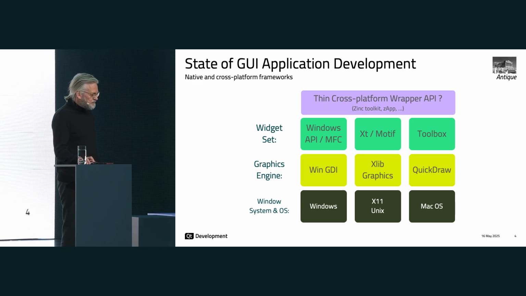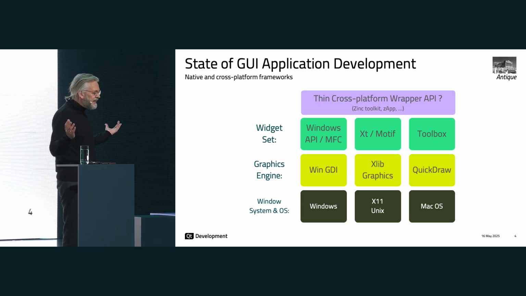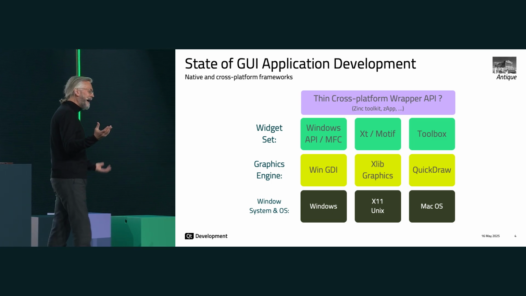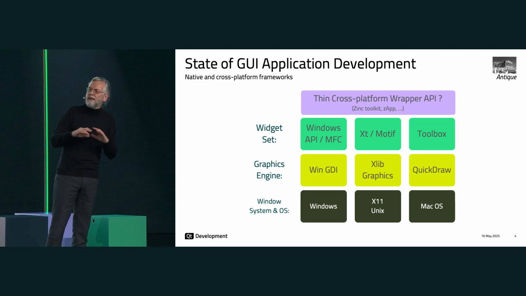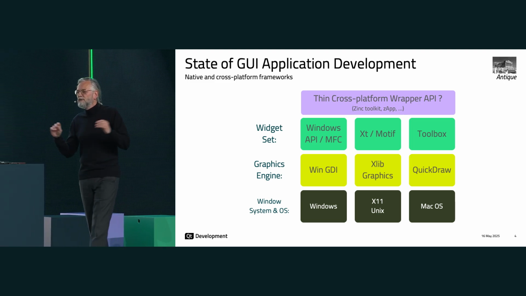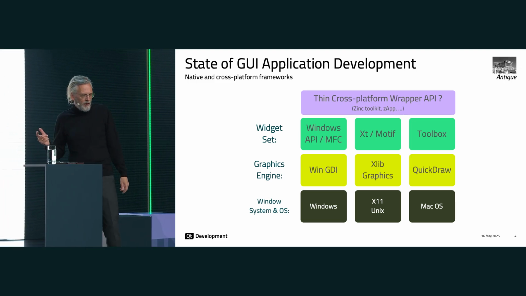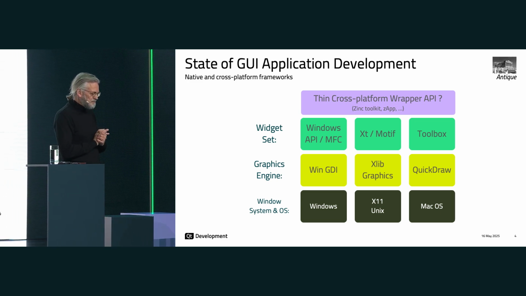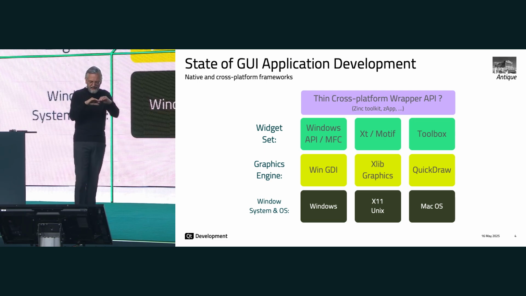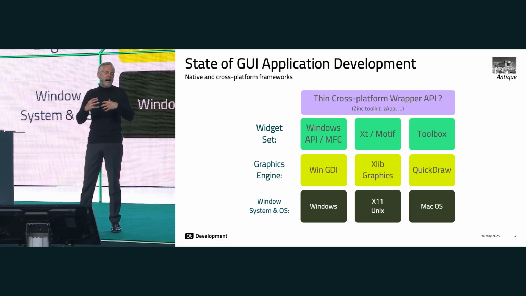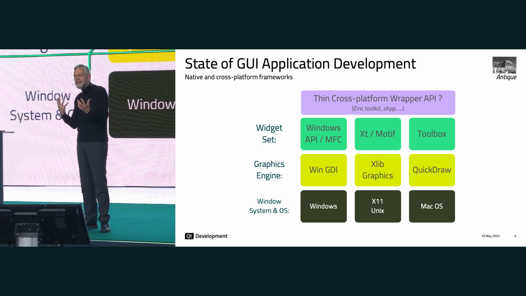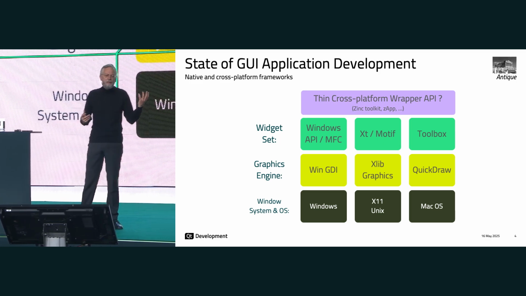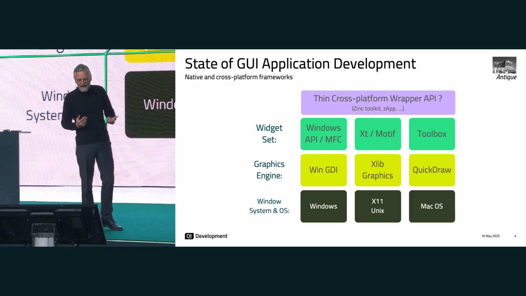And the quick and dirty, so to speak, solution to that challenge would be to put a thin cross-platform wrapper API on top of the native widget sets. So like a thin wrapper providing, say, a common button that is backed by an MFC button on Windows and a Motif button on X11.